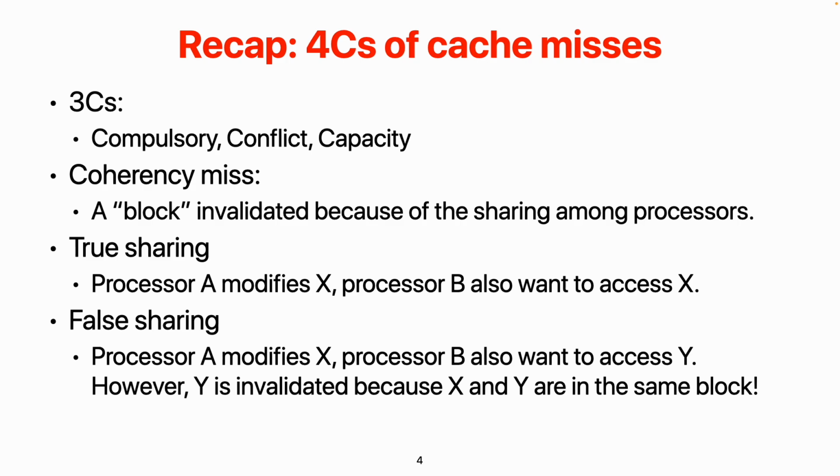Because you have the coherence protocol running, we are running into the problem of coherence misses. There are coherence misses in true sharing, meaning that multiple threads are indeed using the same memory address, or false sharing, meaning that they are not using the same address, but just by coincidence the addresses that multiple processors need to access come from the same block, so one will invalidate another one.